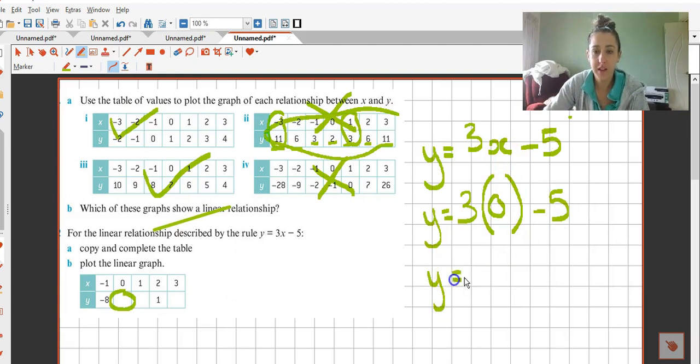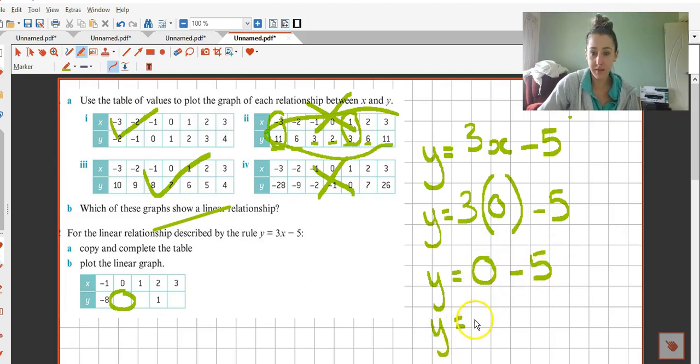So y equals, and we work through the sum. 3 times 0, of course, is 0. And then we've got the minus 5. So y is equal to 0 minus 5, which, 0 take 5, is going to be negative 5. So y is equal to negative 5.